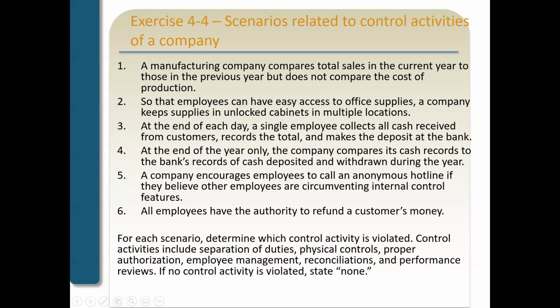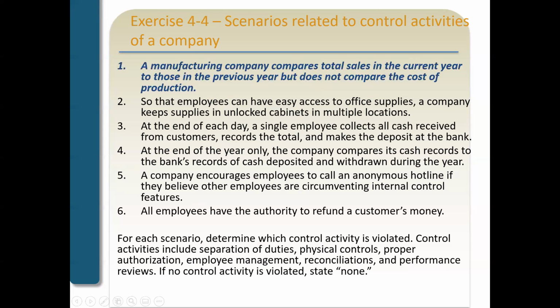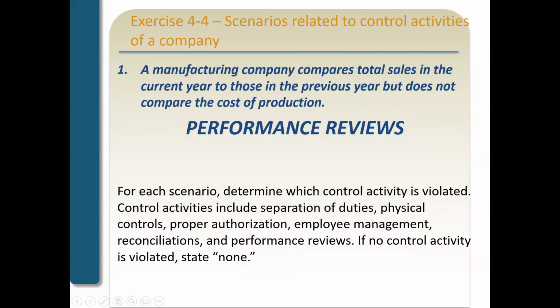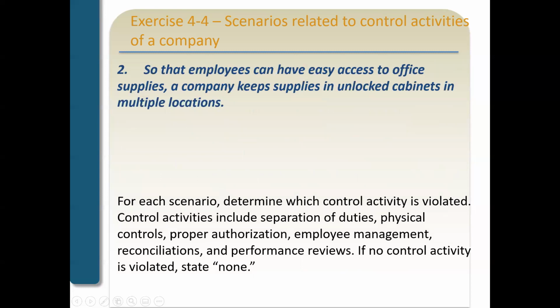And if there's no activity violated, we'll say none. So a manufacturing company compares total sales in the current year to those in the previous year, but does not compare the cost of production. Performance reviews would be violated in this scenario.